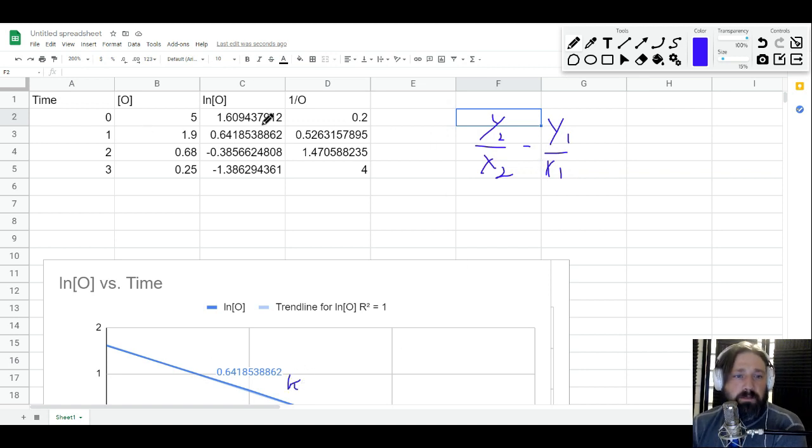So we can just pick right here. Let's do these two.